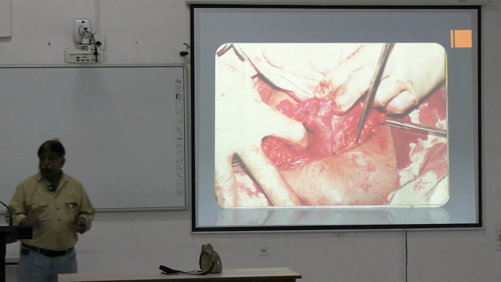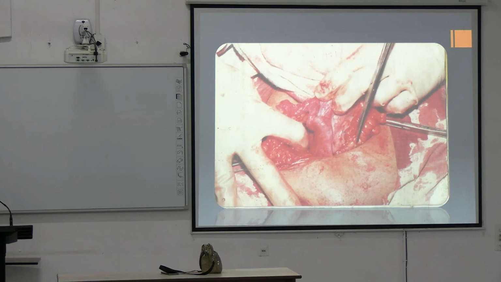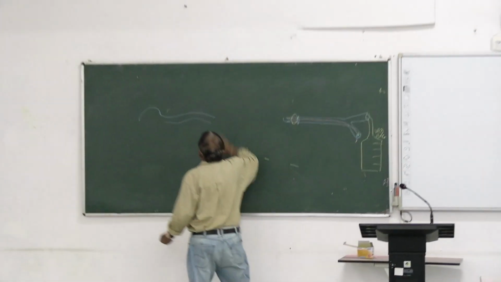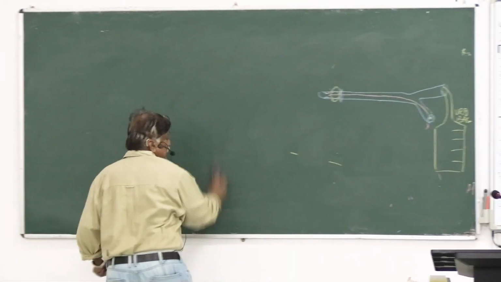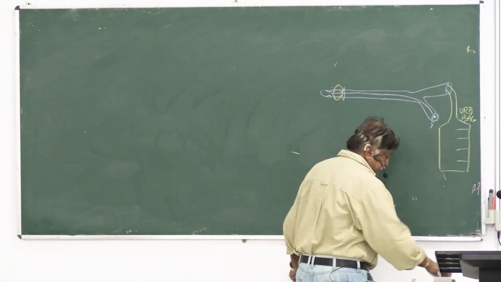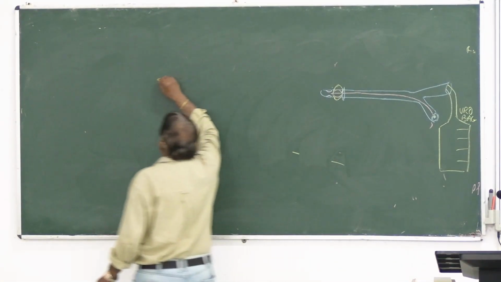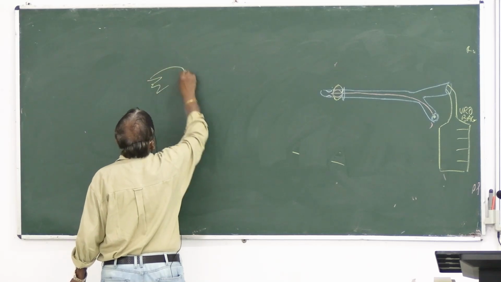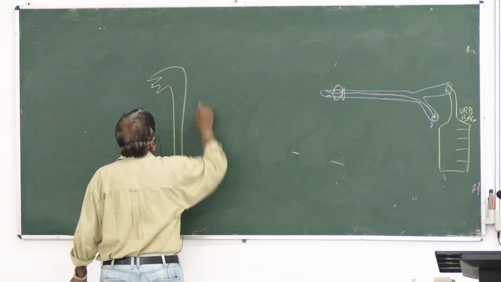Now, this is one thing I would say is a very rare condition. I had presented the paper in a national conference. When you go to embryology, you see two Mullerian ducts.